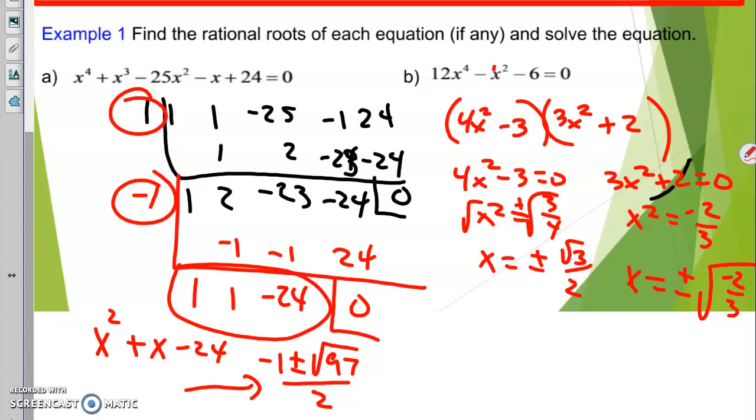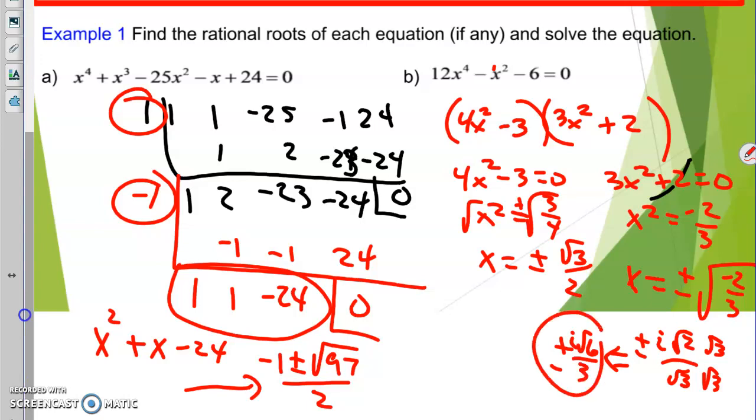And just for the fun of it, I'm going to bring out the i, √2 over √3, rationalize, which gives me plus or minus i√6 over 3. Not very nice, but certainly when we're talking about imaginary numbers, it's okay to have answers like that.